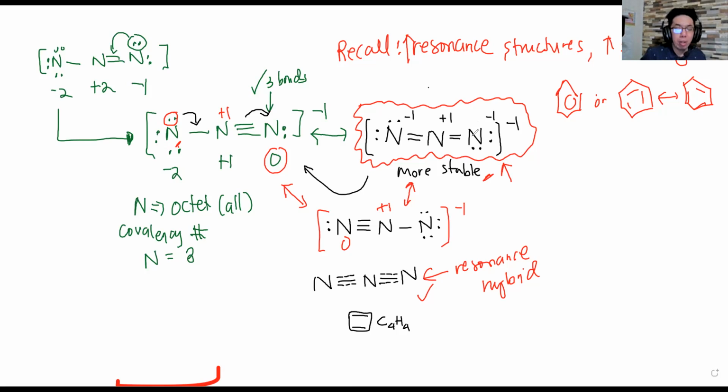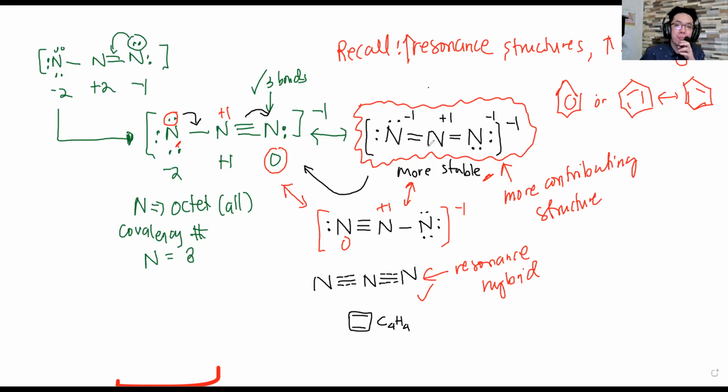So, if that is the case, it means this is a more contributing structure compared to the other two. So most of the time, Josh, your azide will be present like this in reality.